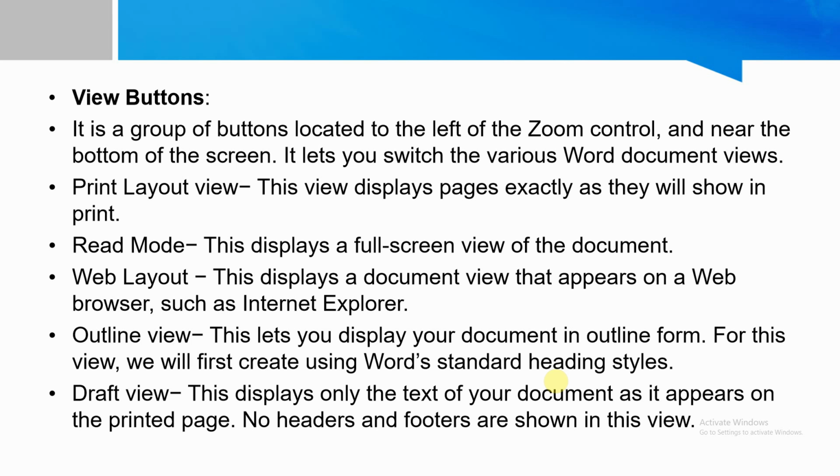For the last view, which is the draft view, it will display only the text as it appears on the printed page, but there are no headers or footers shown. If you would prefer a print preview or a draft view of your document, you will use this view to make sure that the output is exact.